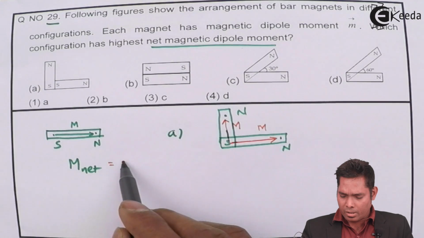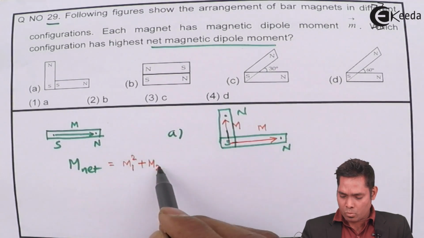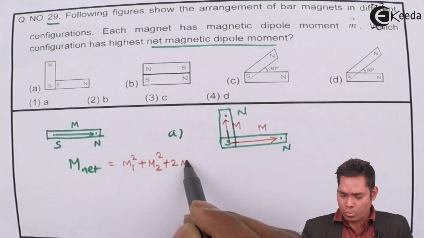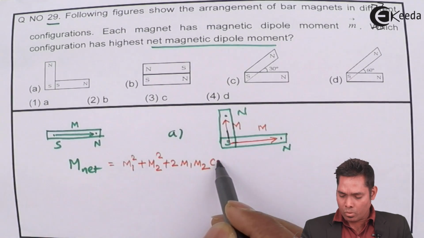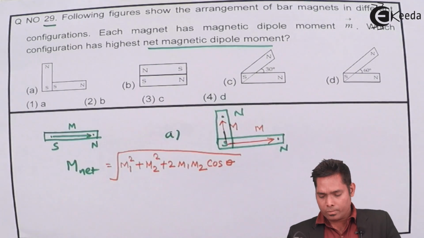M net is the under root of M1 square plus M2 square plus 2 M1 M2 cos theta.